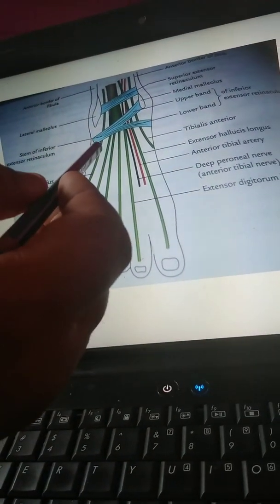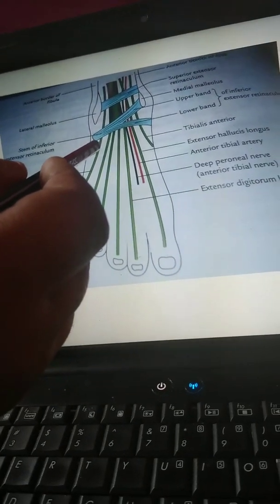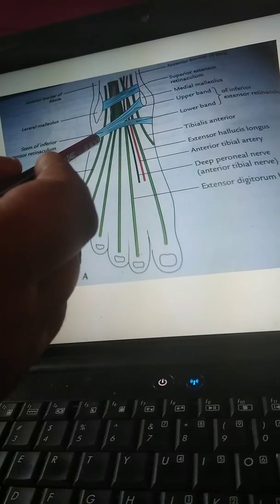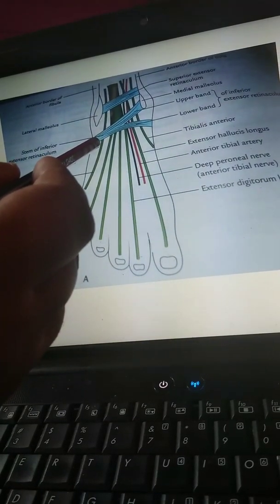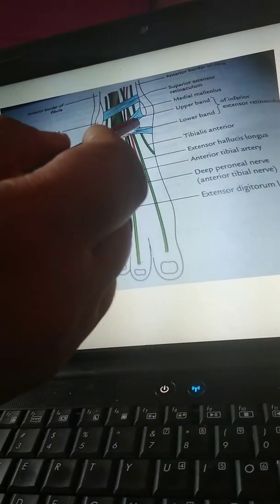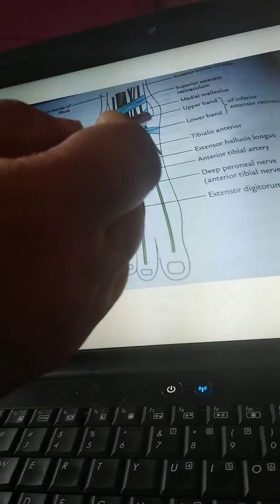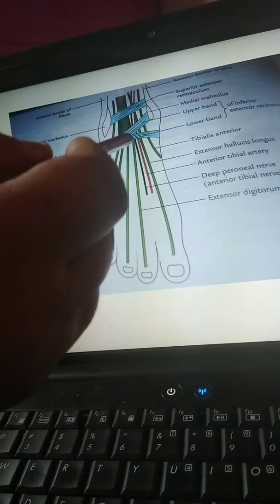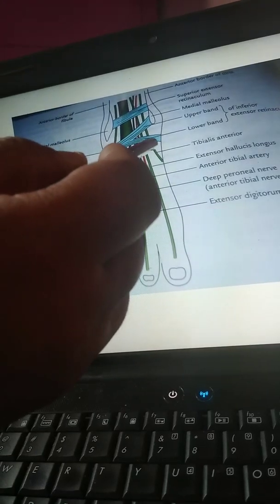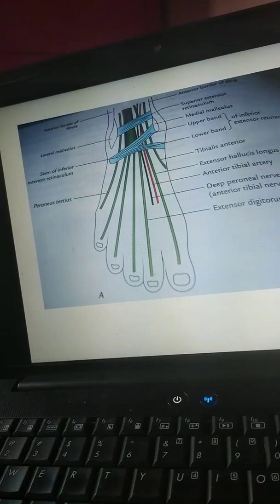The stem is attached to the anterior non-articular part of the superior surface of the calcaneum in front of the sulcus calcanei. The upper band of the Y passes upwards and medially to be attached to the anterior border of the medial malleolus. The lower band of the Y passes downwards and medially over the foot to fuse with the deep fascia of the sole.